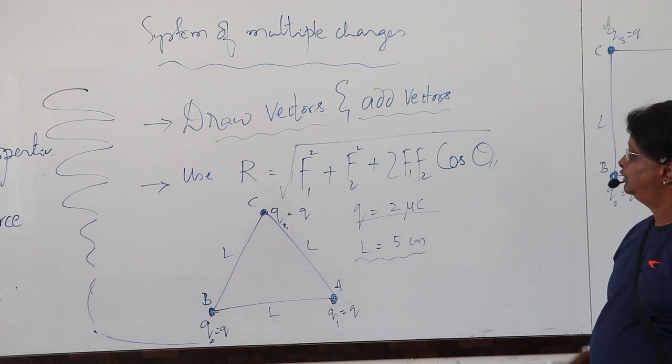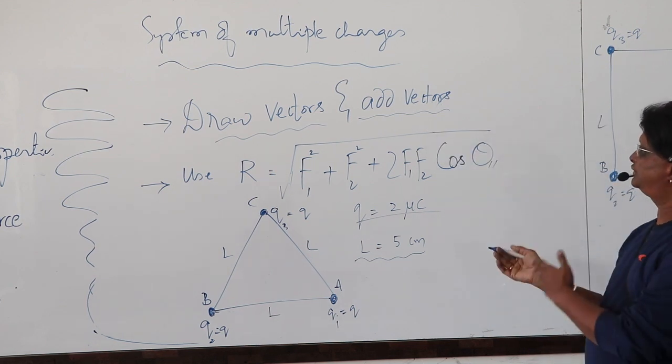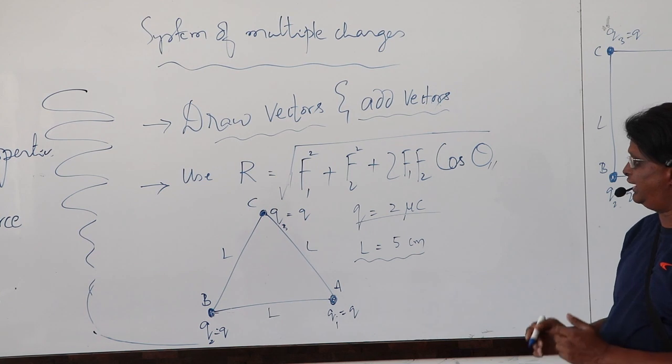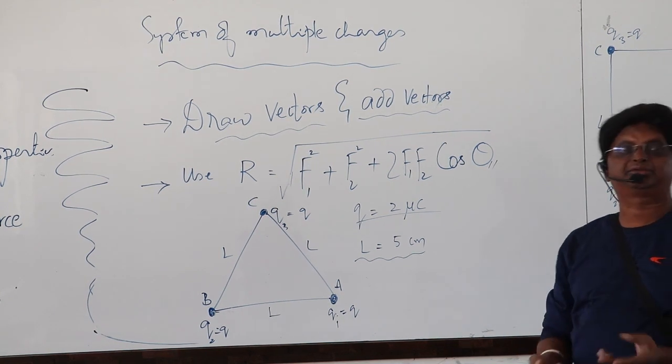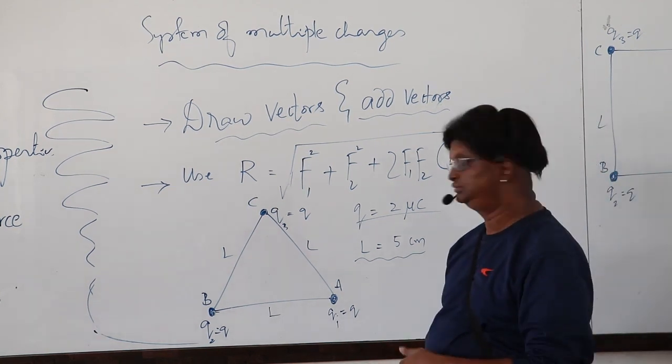Now here, I will show drawing the vectors and adding them. Let me take any of the charges. The question can be asked for the net force on any of the charges.